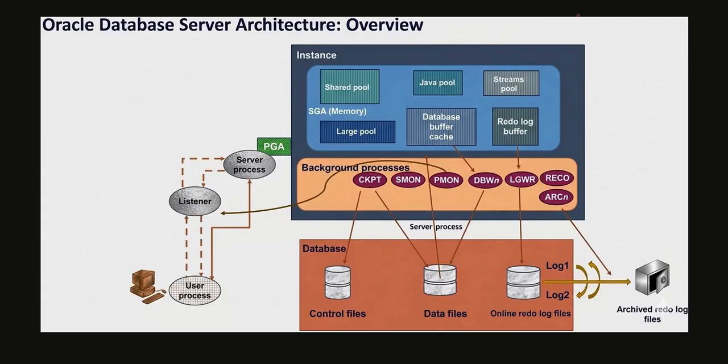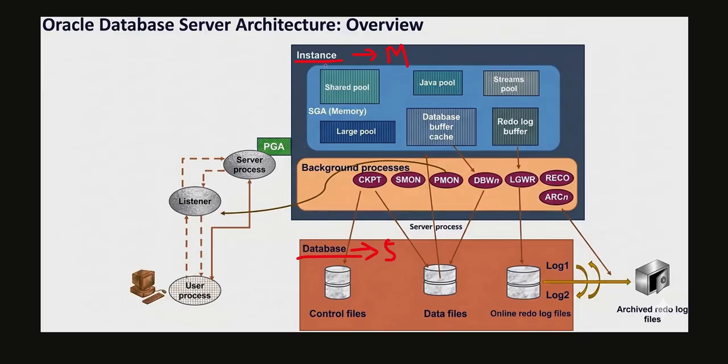Now I'm going to explain what the Oracle architecture consists of. Mainly, Oracle architecture divides into two parts: one is the instance and the second is the database system. The instance is the memory part, and the database system is the storage part.